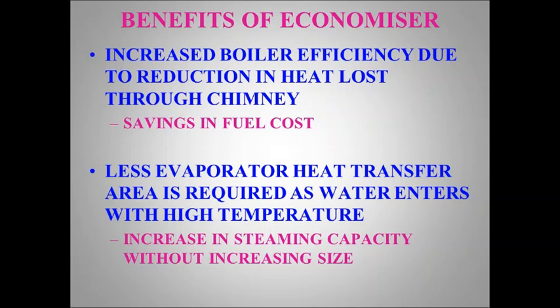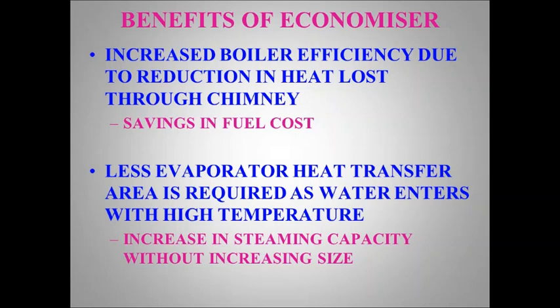So we find the introduction of the economizer in the system of steam generation has improved the boiler efficiency by reducing the heat loss through the chimney, and thereby saving the fuel cost, as less fuel is required to reach the steaming parameter.